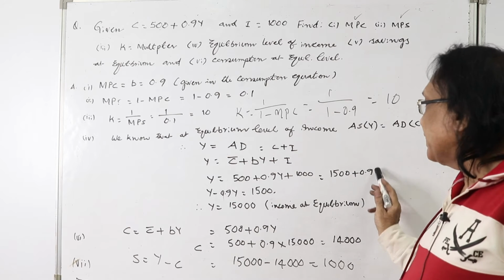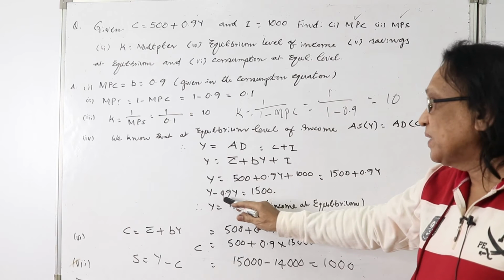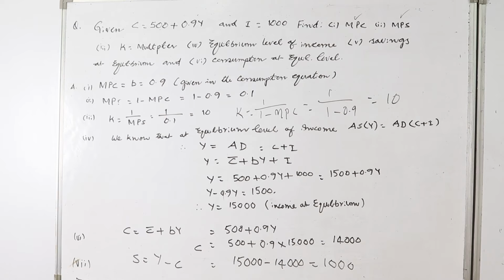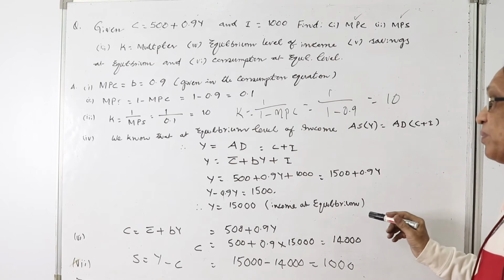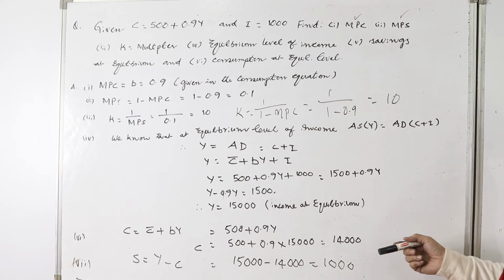So this 0.9Y we take this side, Y minus 0.9Y is equal to 1500, therefore Y is equal to 15,000. So that is income at equilibrium level, that's equilibrium level of income.